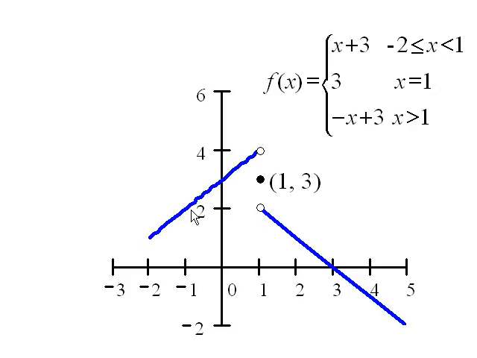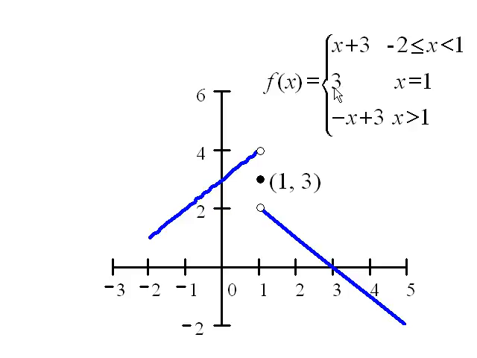So I'm looking at x plus 3. That's the graph of a function with slope 1 and y-intercept 3. It starts at minus 2 and goes up to and not including 1. The less than 1 shows up here with the open circle. So this piece of the graph corresponds to that linear function.